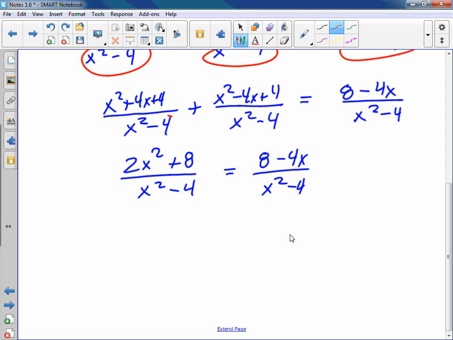Maybe we should go that route and subtract it. So you can go, I want to go blue. You can subtract this from both sides, right? I can go minus 8 minus 4x over x squared minus 4 and minus 8 minus 4x over x squared minus 4. Is that okay?